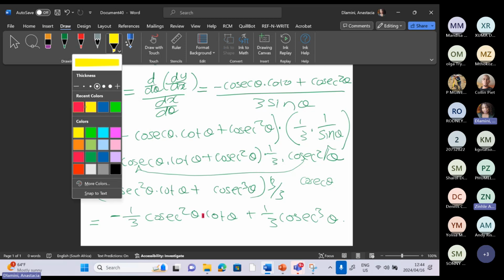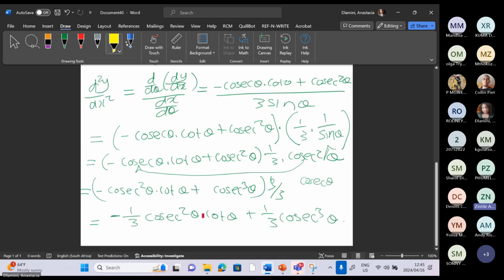Can I ask a question? We could have left the answer at minus cosec theta times cot theta plus cosec squared theta divided by 3 sine theta, right? But we went on to simplify it further. I see that done a lot in our study guide. So if we're writing an exam, is it okay to leave the first answer without simplifying it further, or depending on how many marks are allocated, will they tell us whether we need to simplify?